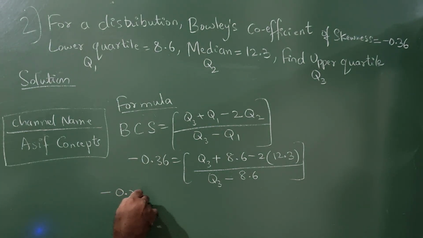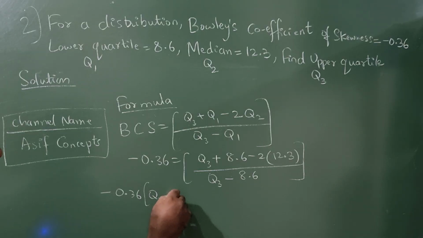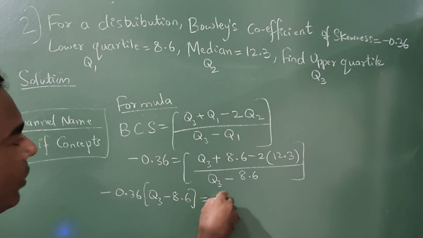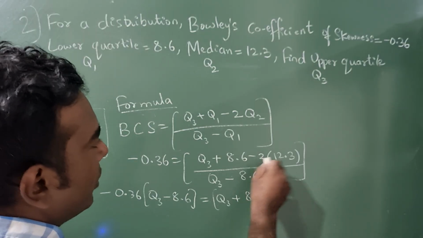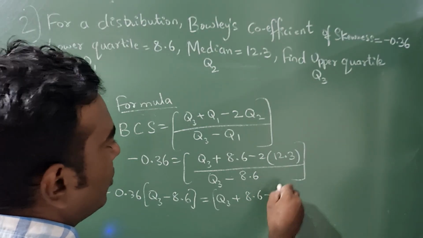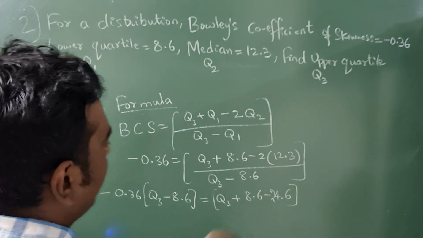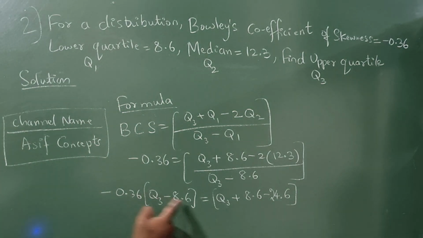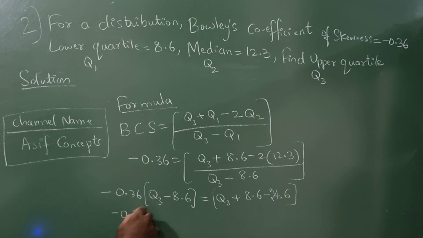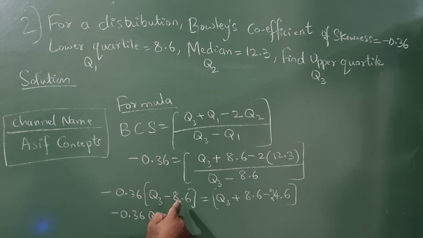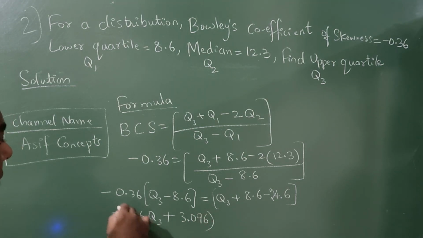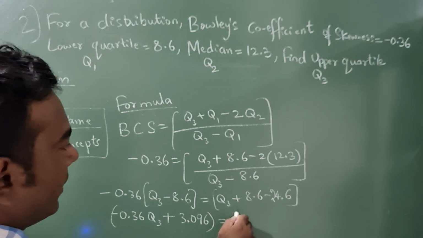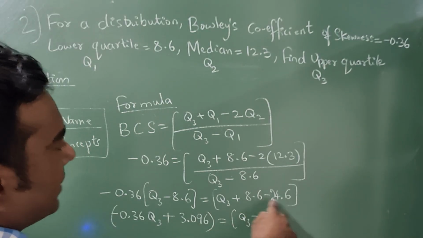Minus 0.36 into Q3 minus 8.6 is equal to Q3 plus 8.6 minus 24.6. Now multiply this inside the bracket. Minus 0.36 Q3, minus into minus will become plus. Now if you multiply these two, you will get 3.096.